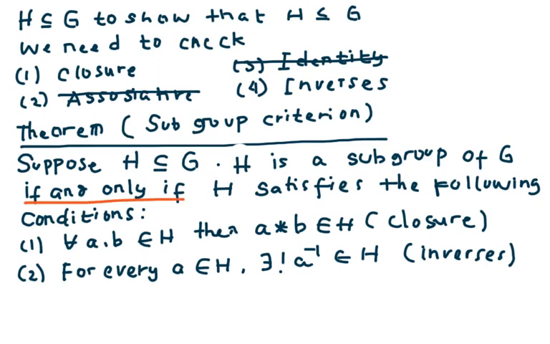One direction is we have H is a subgroup of G, then H satisfies this condition. And the second direction is if H satisfies this condition, then H is a subgroup of G. So I will give a proof for the first direction.